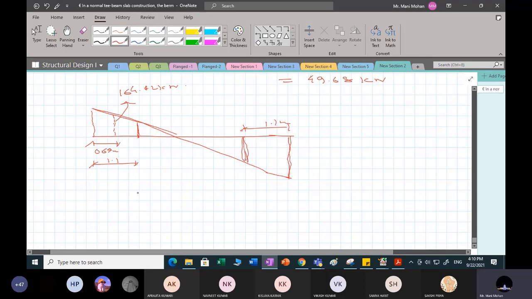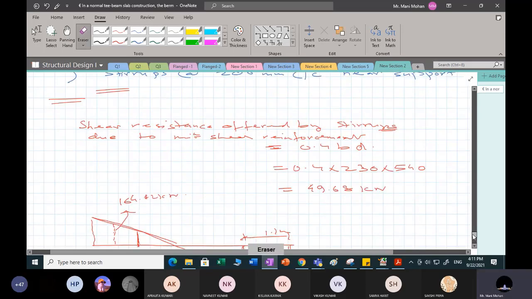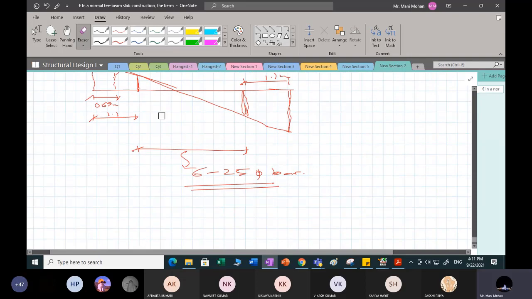So in this zone, you have 6 number of 25 dia bar. Please understand, in this zone you have 6 number of 25 dia bar. So I would like to know what is the shear resistance of concrete because of the flexural reinforcement.